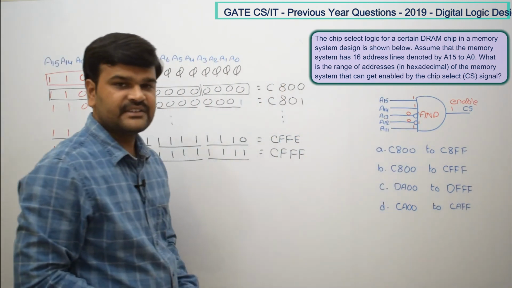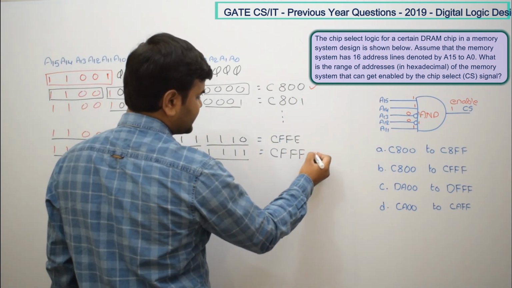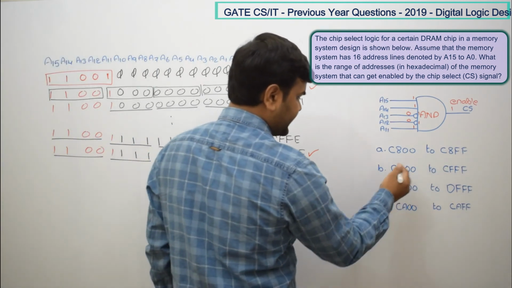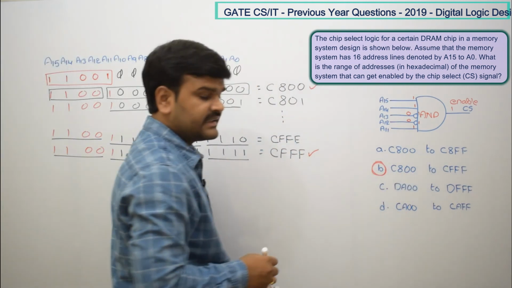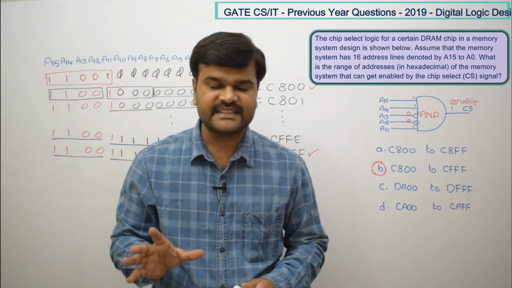The first number is C800. The last one is CFFF. Which option is satisfying here? Option B is the given range. In this way we can find it easily.